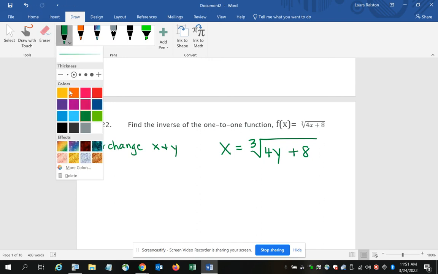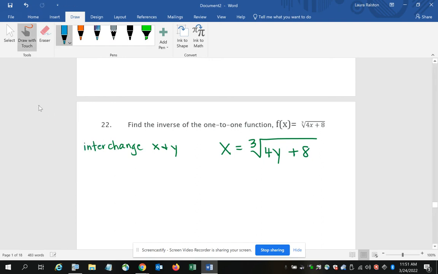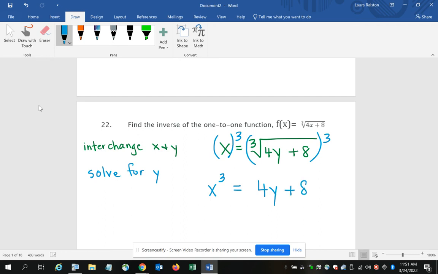And our goal at that point is going to be to solve for y. So initially, I need to get rid of the cube root. We get rid of the cube root by cubing. So I'm going to cube both sides so that I have x cubed equals 4y plus 8.